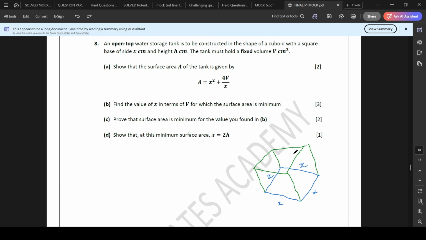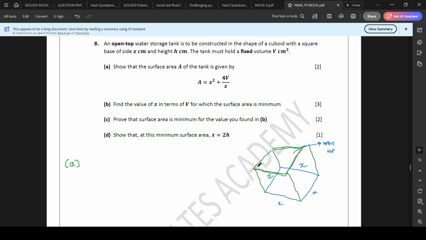This is the open top. Now, for the first part of the question, I need to find the surface area of the tank. A lot of students make this mistake that they say that there is an x square.